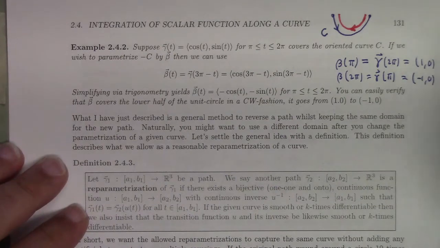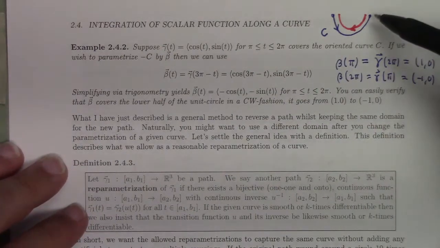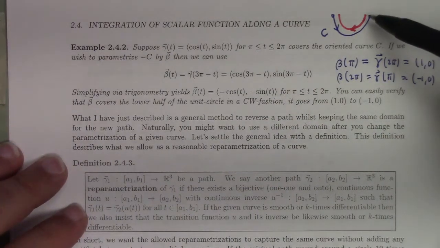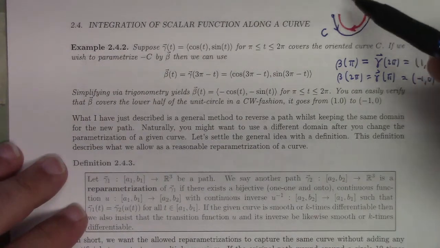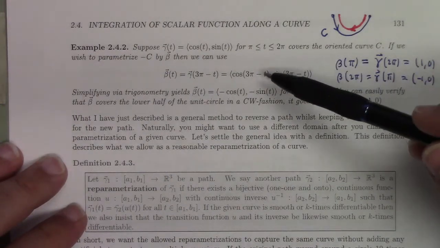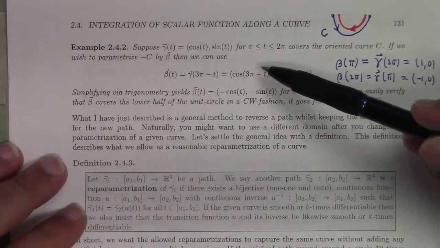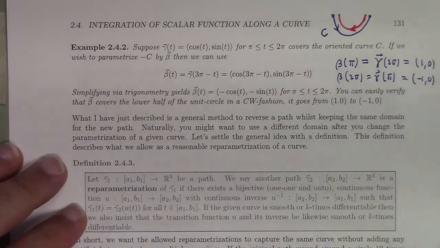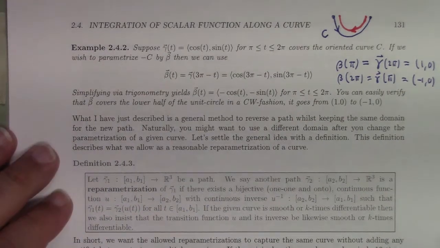So yeah, I think this formula works to give the red path going from 1, 0 to minus 1, 0. And this minus t on cosine and sine, that kind of formula, does give a clockwise rotation to the circle. So okay, I'll believe it.